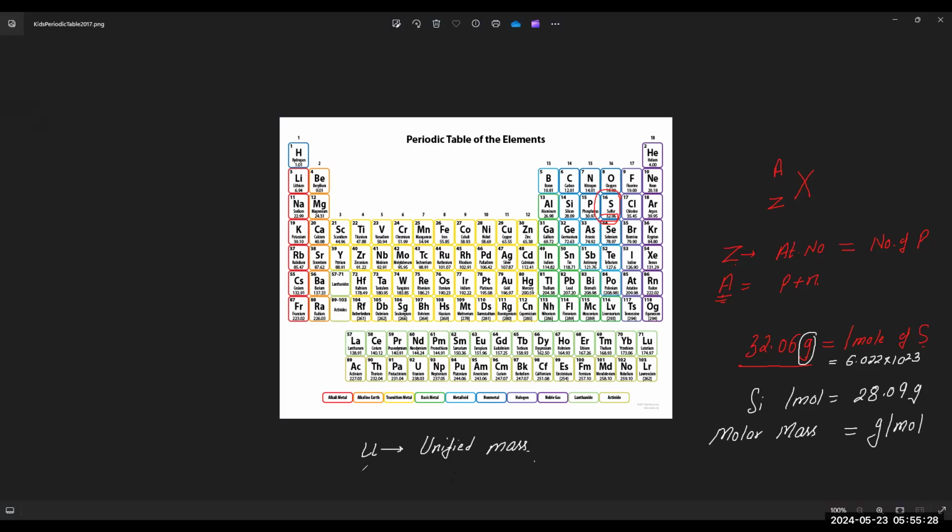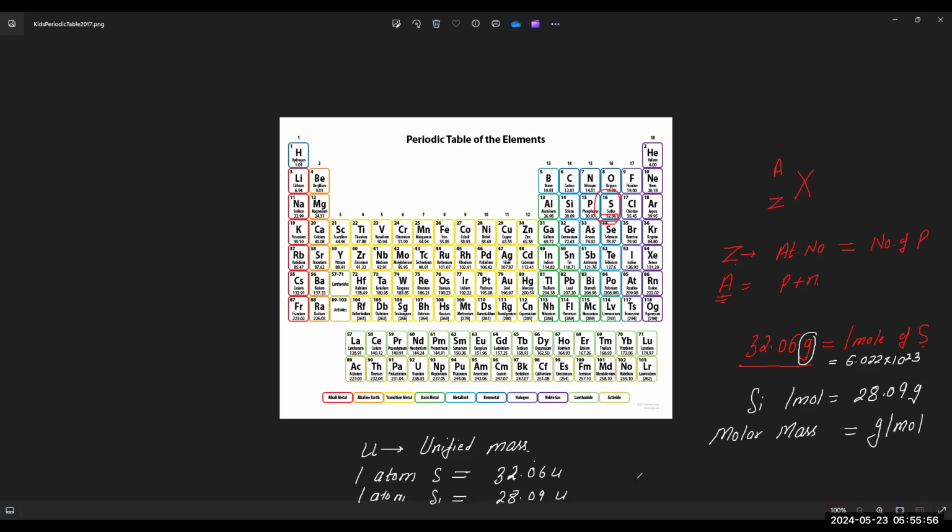So what is the mass of one atom of sulfur? One atom of sulfur. Yes, 32.06 U. What is the mass of one atom of silicon? 28.09 U. Very good.